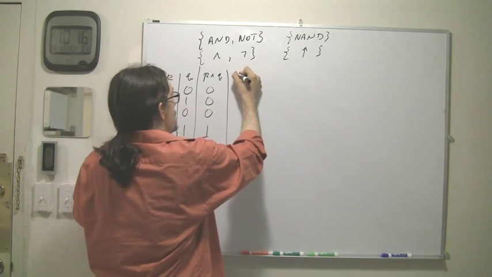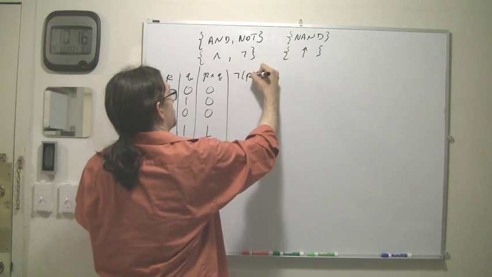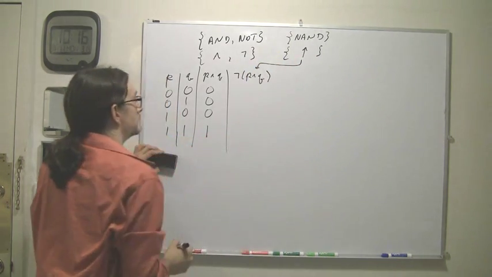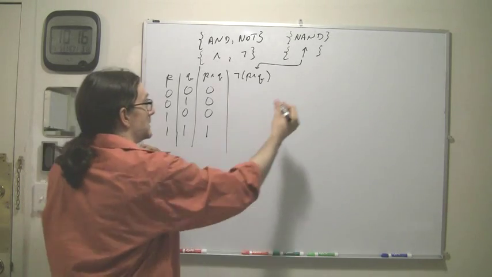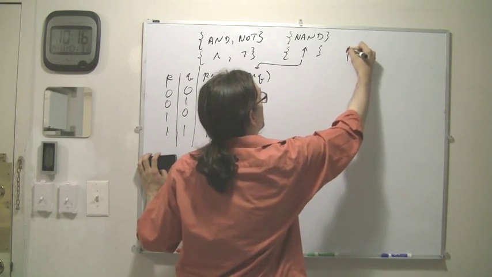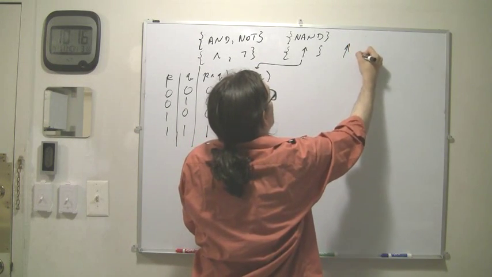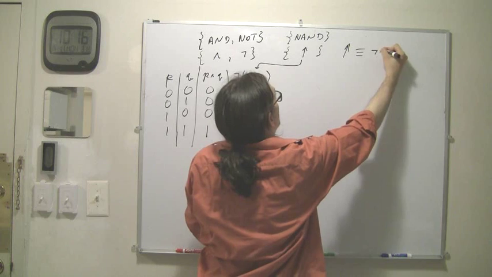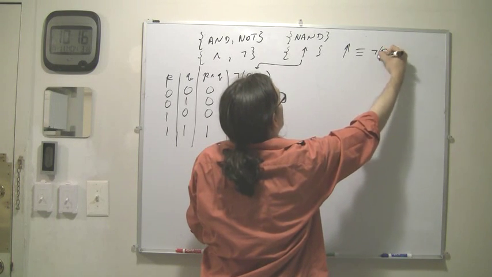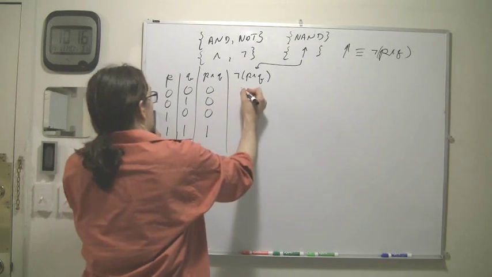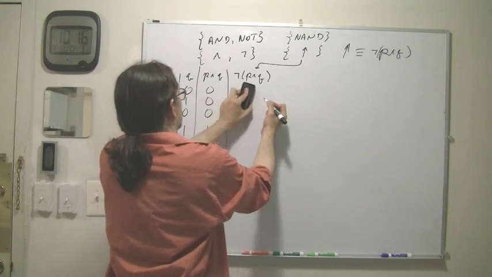NAND is just not (P and Q). Right, that's what NAND means. NAND has the same truth table as, is defined as, not (P and Q). So, the truth table for NAND is this one instead.